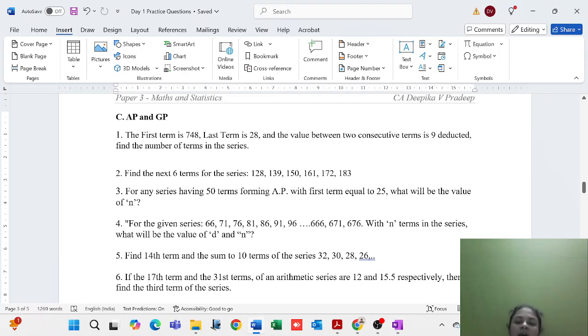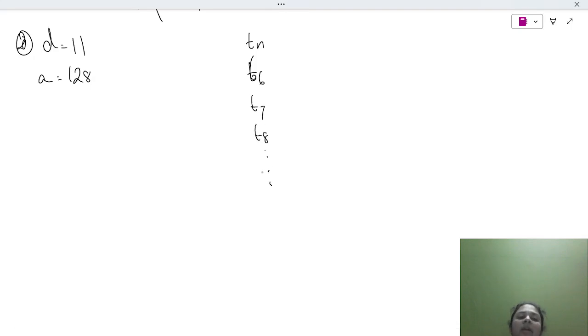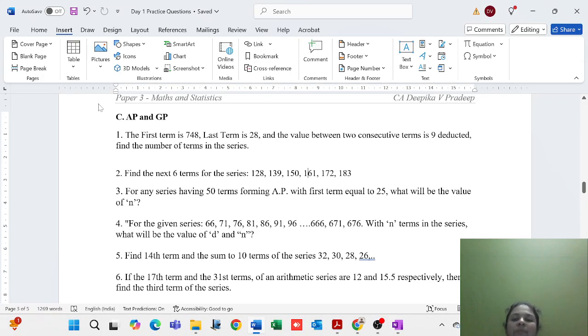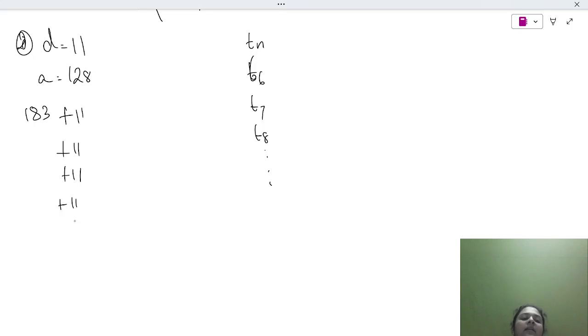Now they are asking for the next 6 terms. Counting 1, 2, 3, 4, 5, 6, they are asking for the 7th term onwards: 7, 8, 9, 10, 11, 12. Either you can use the Tn formula, find T6, then T7, T8, and so on. Or simply, 183 is the term you already know, plus 11, again plus 11, plus 11, plus 11, plus 11 and plus 11.